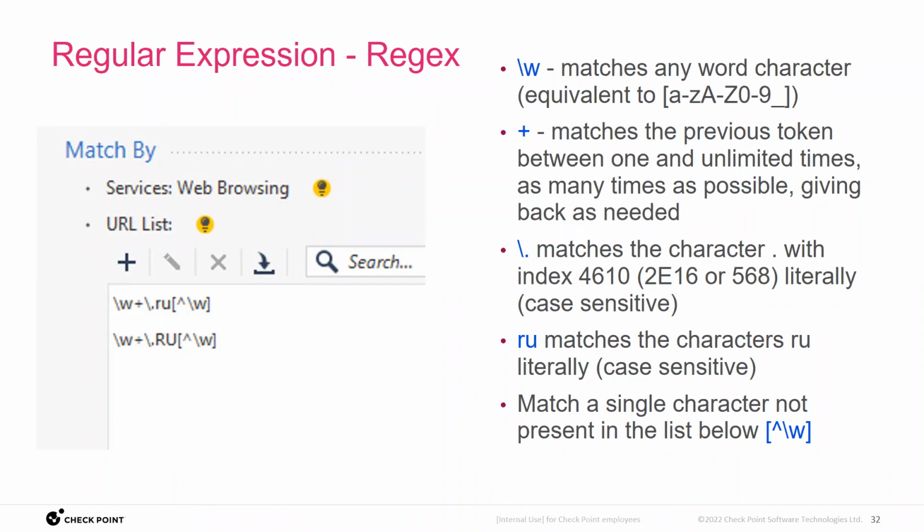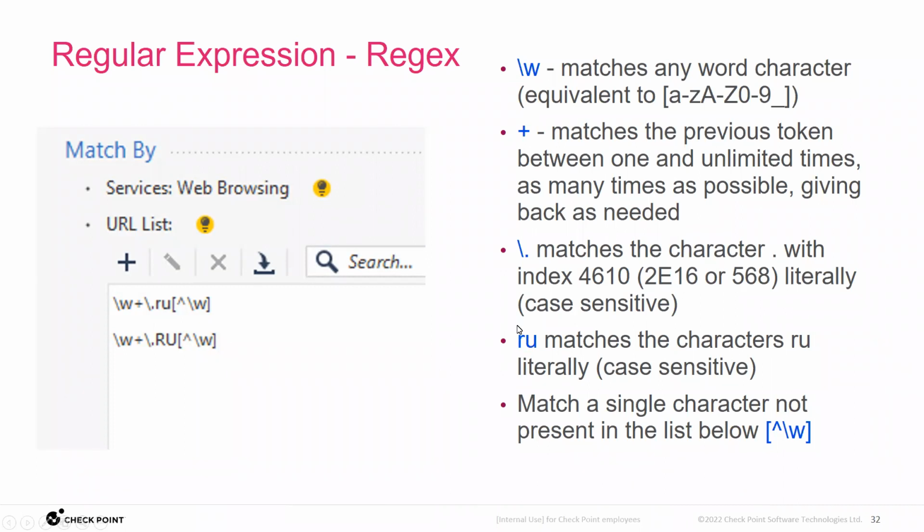It will match all the way up until it gets to the dot. So the \. matches the dot character. So this is what I am really looking for. So I put it in, and it is case sensitive, hence the reason why we have a lowercase and uppercase, just in case someone uses a capital RU. In here, we want to catch both.